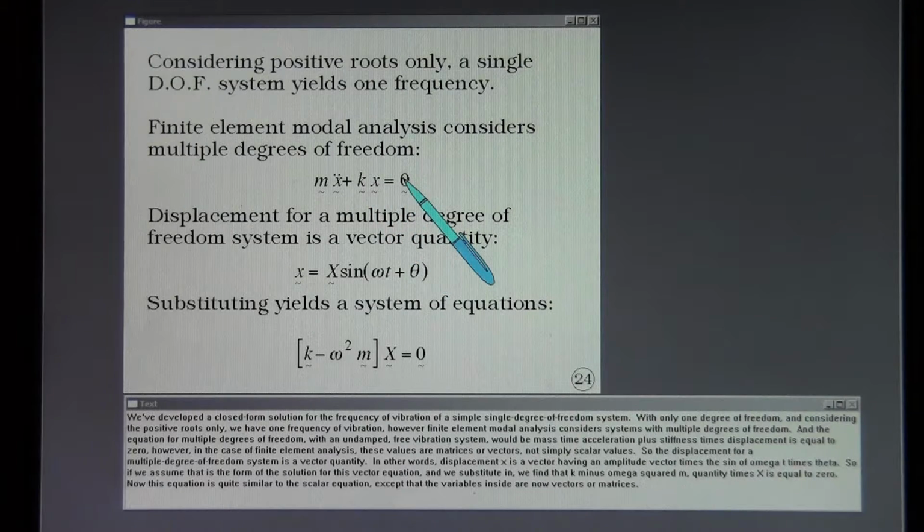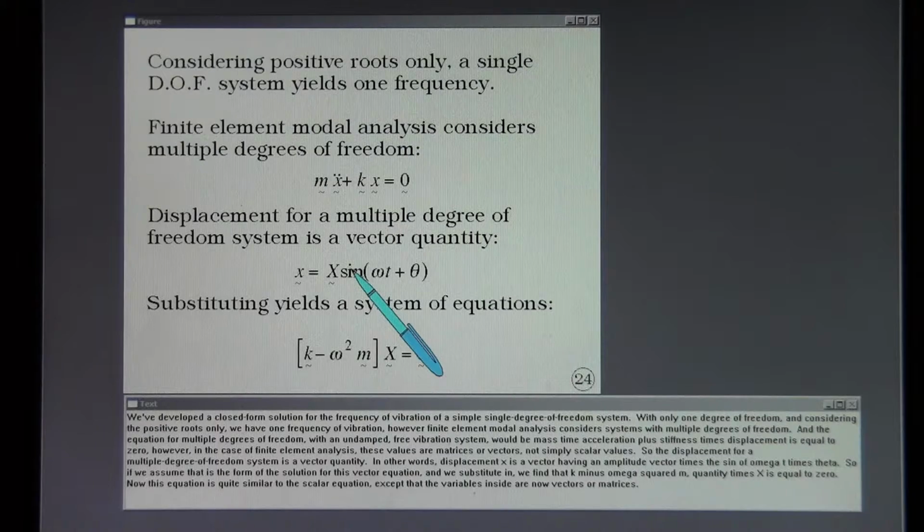However, in the case of finite element analysis, these values are matrices or vectors, not simply scalar values. So the displacement for a multiple degree of freedom system is a vector quantity. In other words, displacement x is a vector having an amplitude vector times the sine of omega t plus theta.